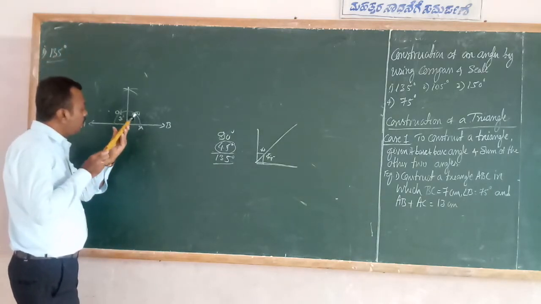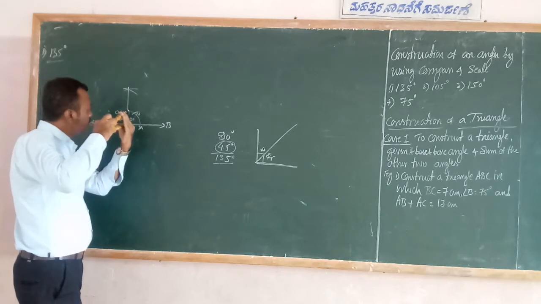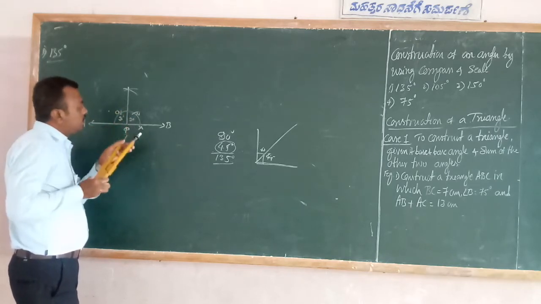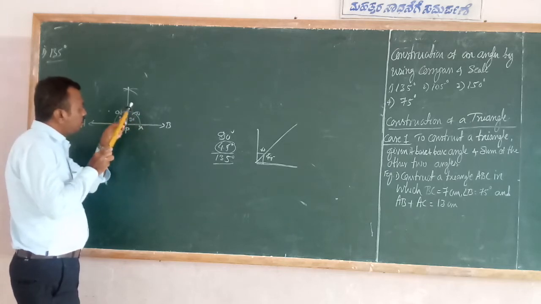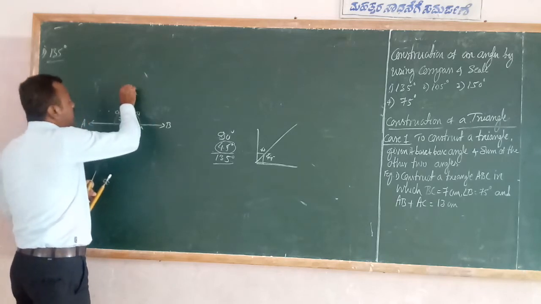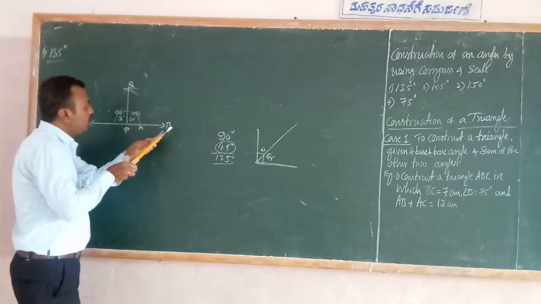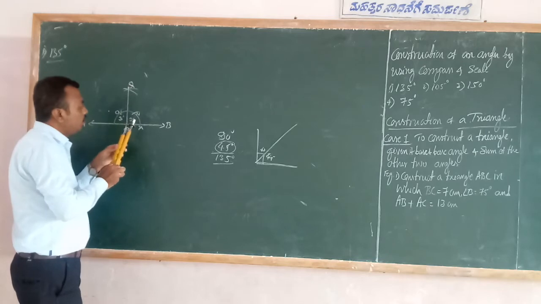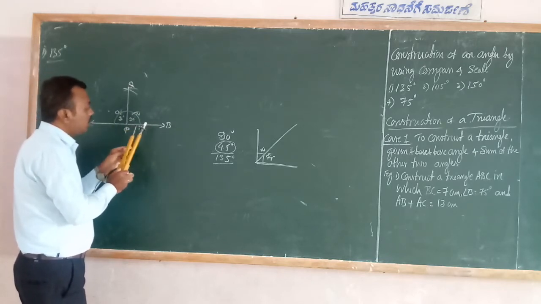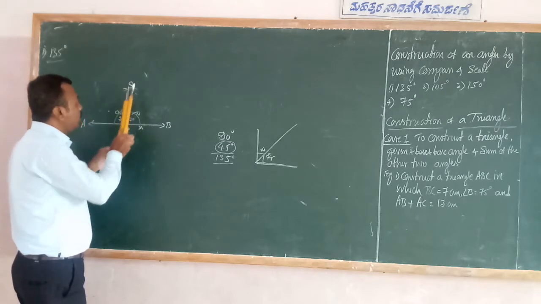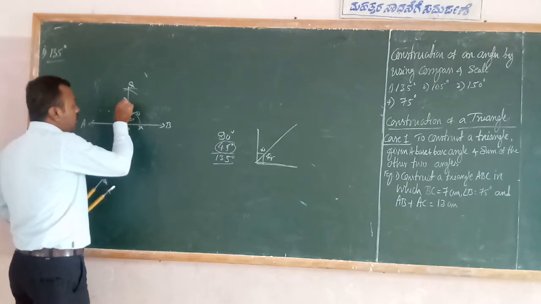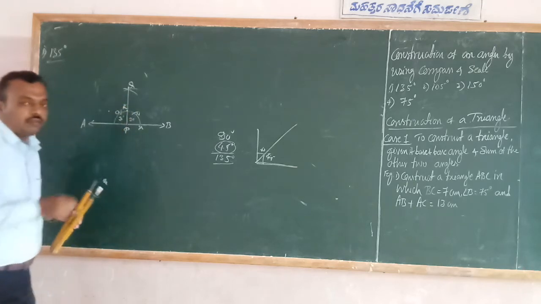This arc I have already drawn. This arc intersects PB, and I am calling it Q. PB intersects the arc at M and PQ intersects the arc at this point, I will call it K.